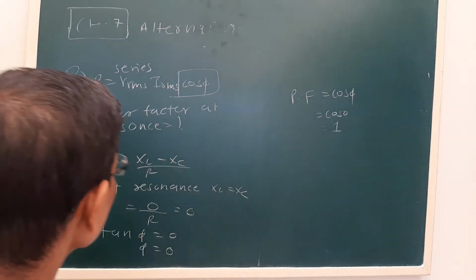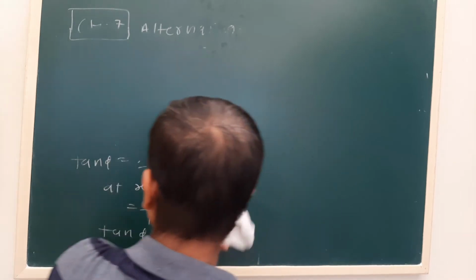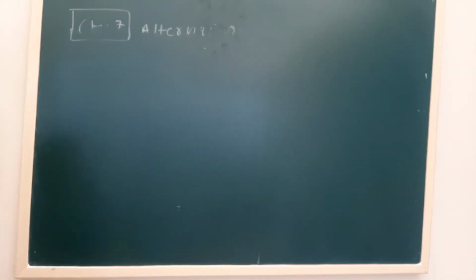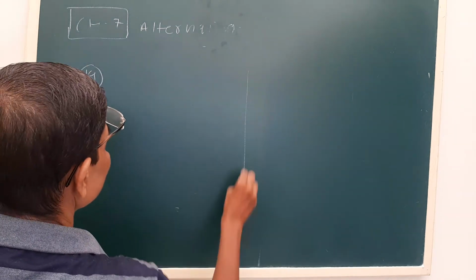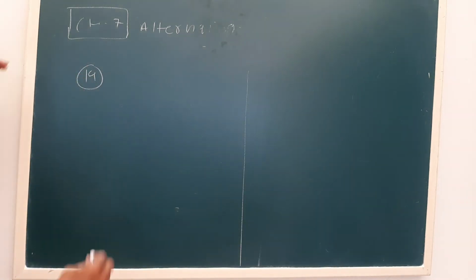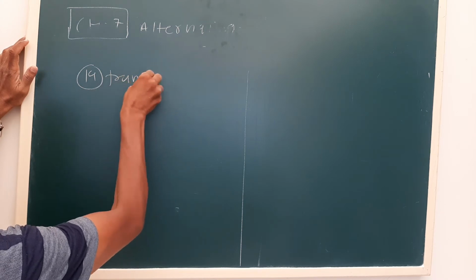Now see our next MCQ, that is number 19. Now see, the output power, this is related to transformer.